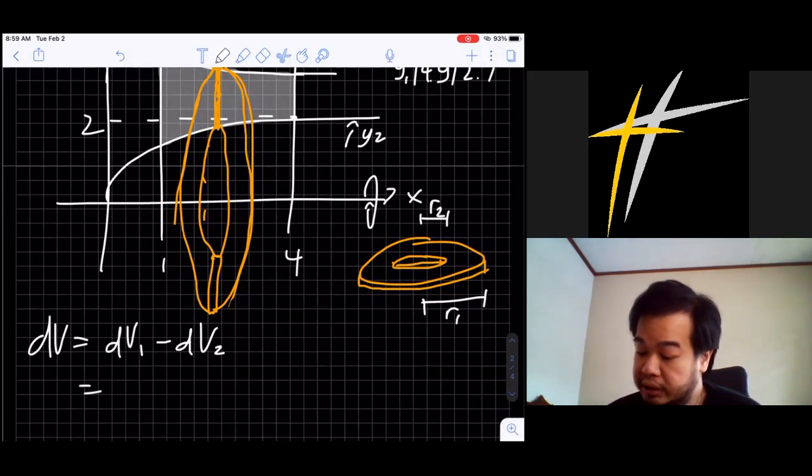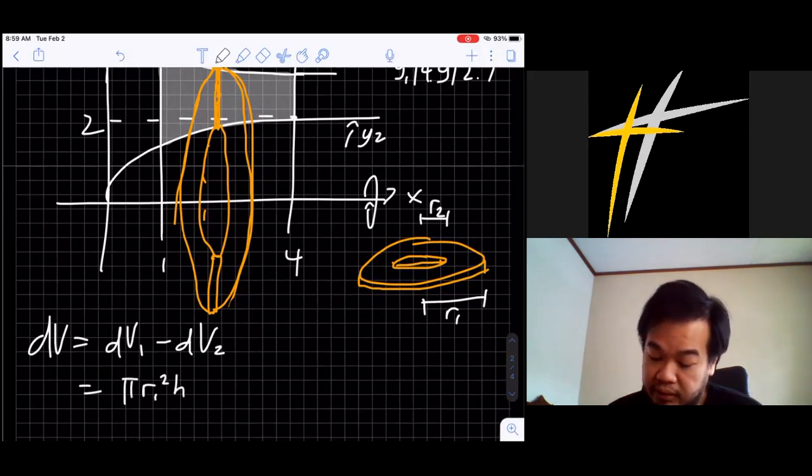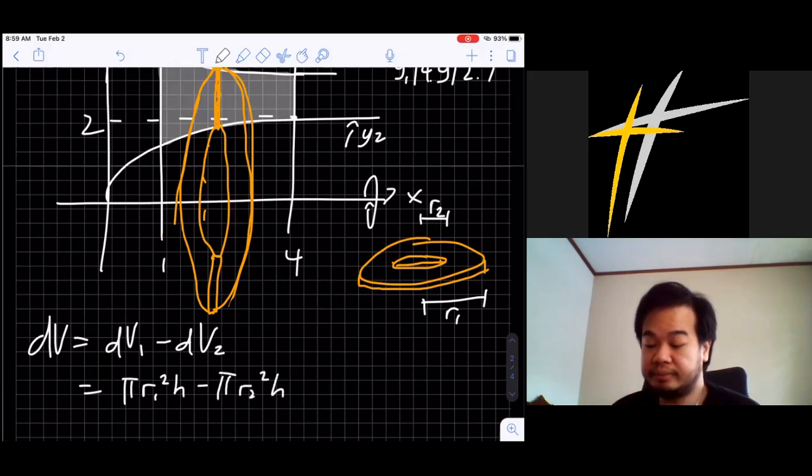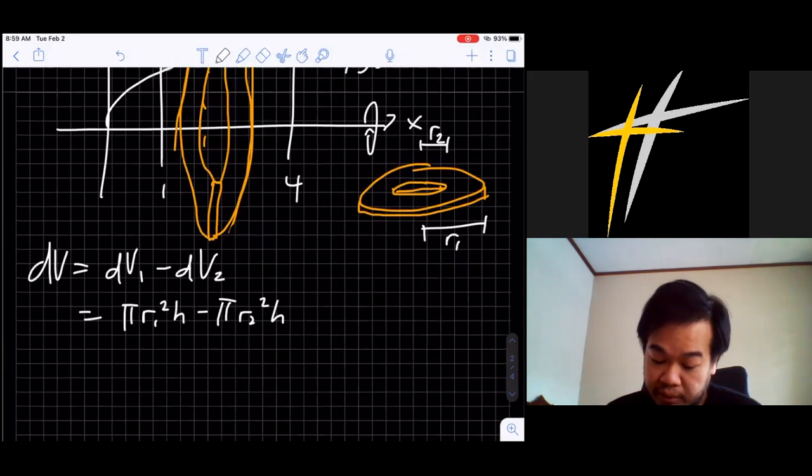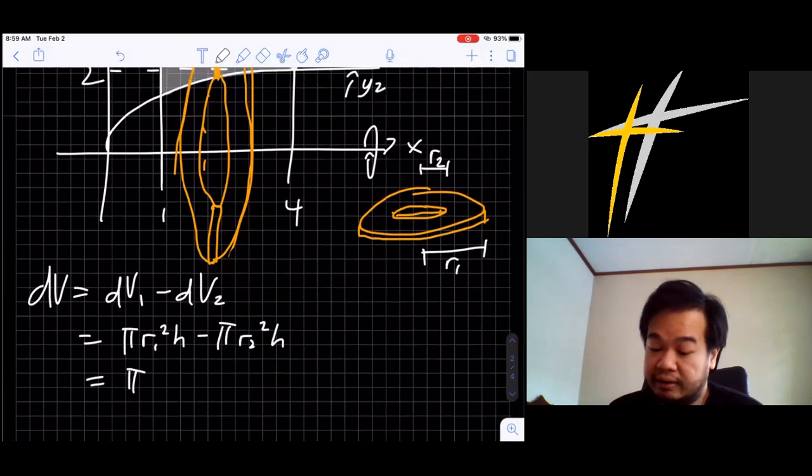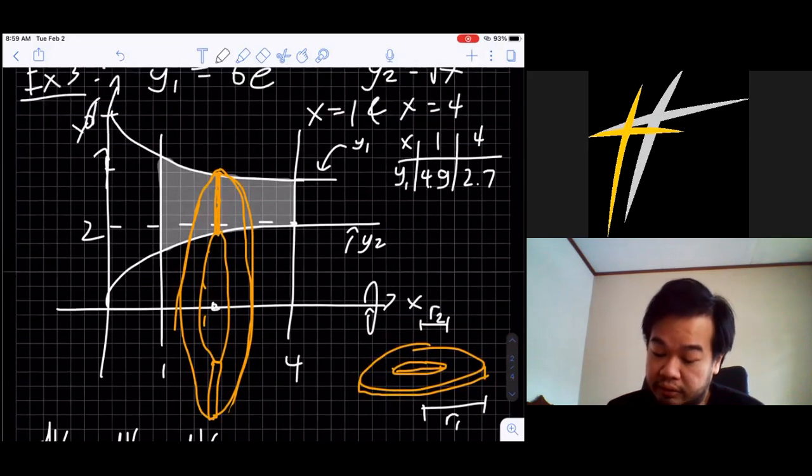So the bigger cylinder is pi R1 squared height minus pi R2 squared height. And then if you want to define it with the variable, it's gonna be pi R1. R1 is from here to here, which is Y1.